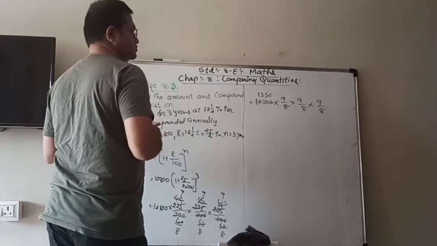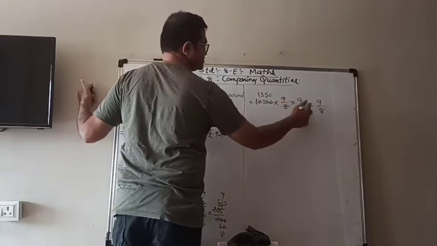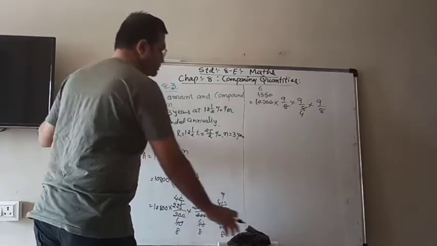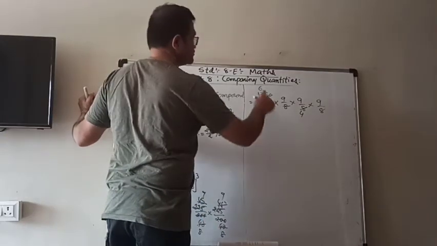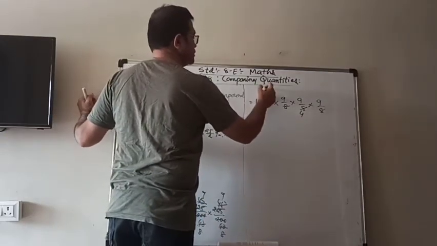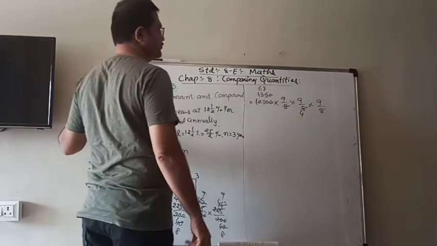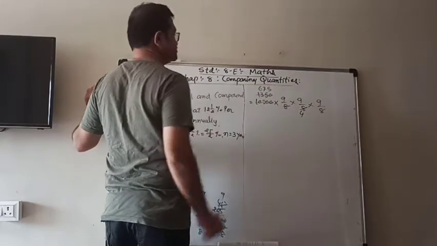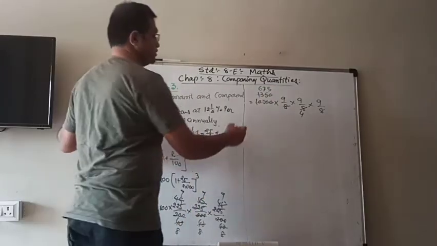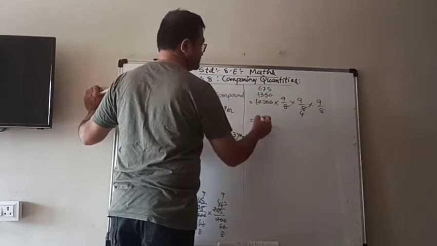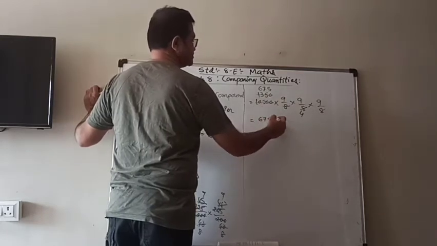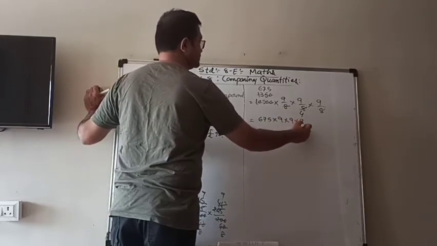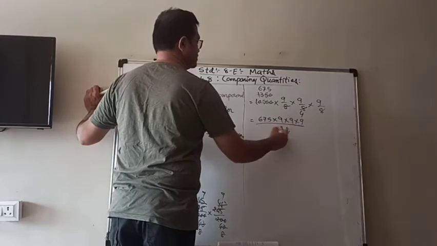Now it is divisible by 2, so 4 twos are 8, 6 twos are 12, 7 twos are 14, and 5 twos are 10, so 675. So now we have to multiply them: 675, 9 into 9 into 9 upon 32.